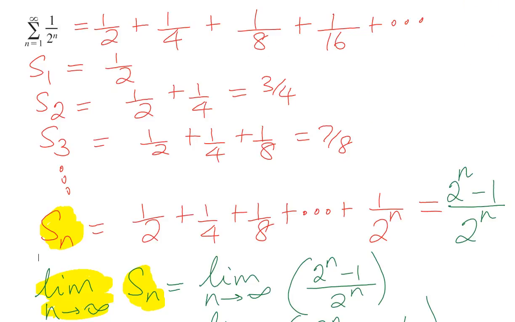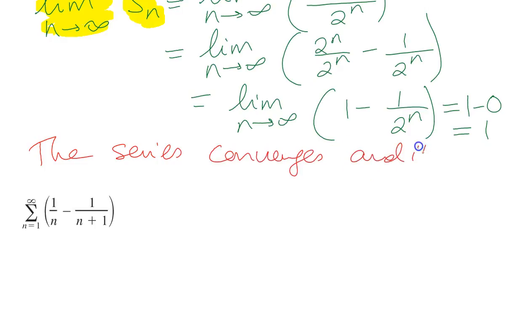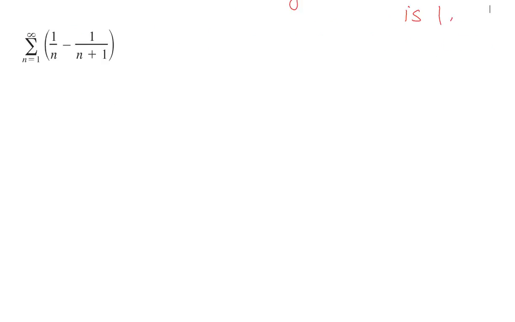So the limit of the nth partial sum is 1. We say the series converges, because 1 is a finite number. The series converges and its sum is 1. Alright, so that is one way to test convergence or divergence of a series.